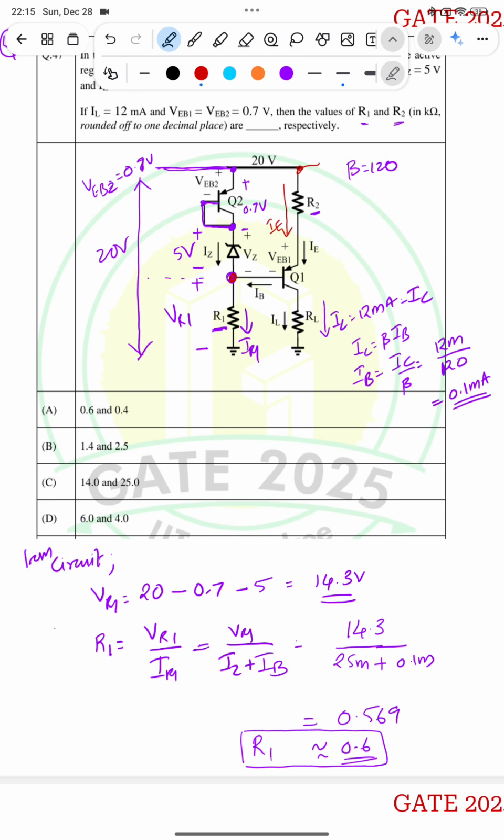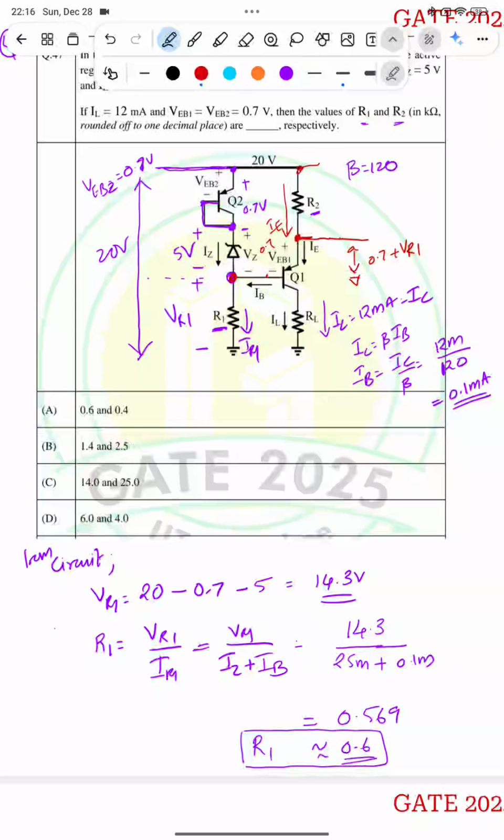From ground to this node is VR1, and from this node to the emitter node is VEB1, that is 0.7. So from the emitter node to the ground it is 0.7, the voltage across VEB1, plus the voltage VR1. Okay? So that is the voltage.